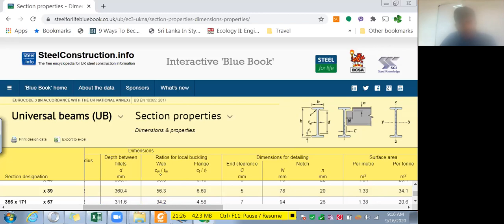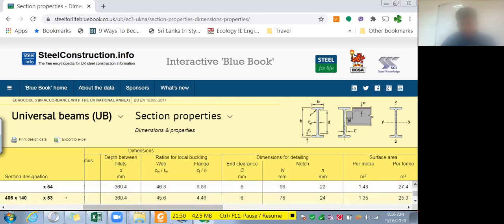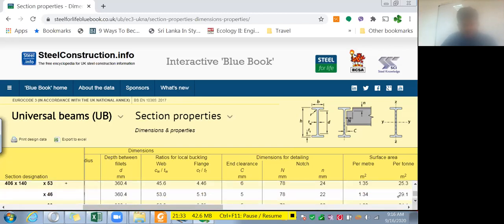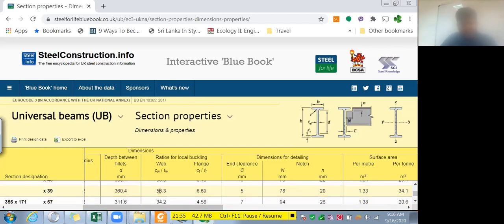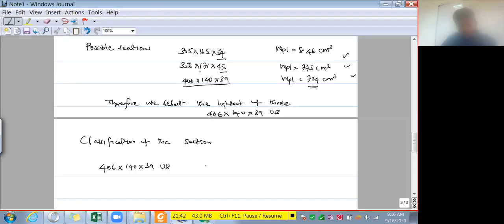If you take 406 and take the web, CW over TW is 56.3.